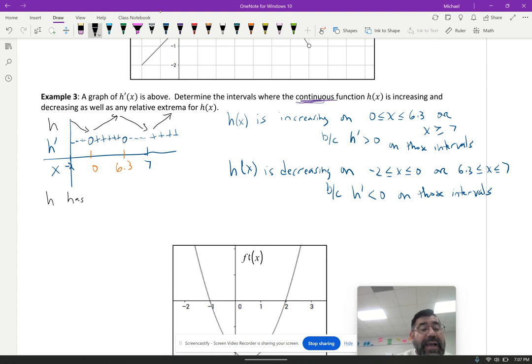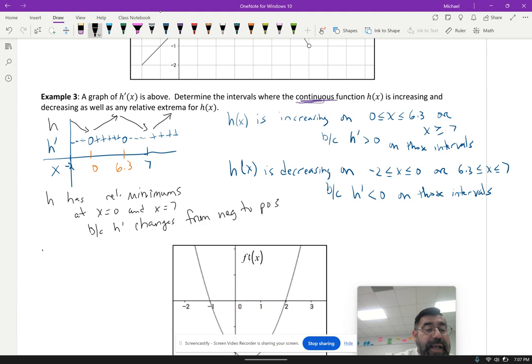So H has a relative minimum, some people call it a local minimum, at x equals 0 and x equals 7 because h prime changes from negative to positive, and h has a relative maximum at x equals 6.3 because h prime changes from positive to negative.